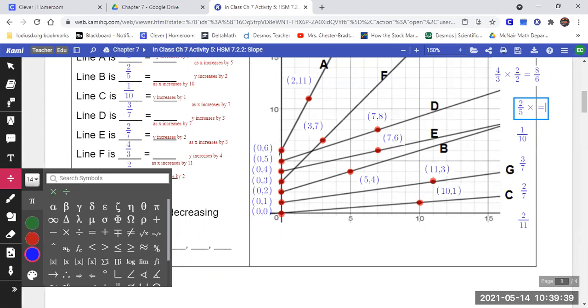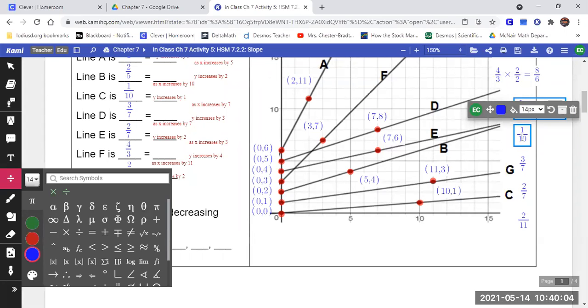Use your calculator, please. Okay, I was right. Now, the way we would create this is 5 times 2 makes 10, right?